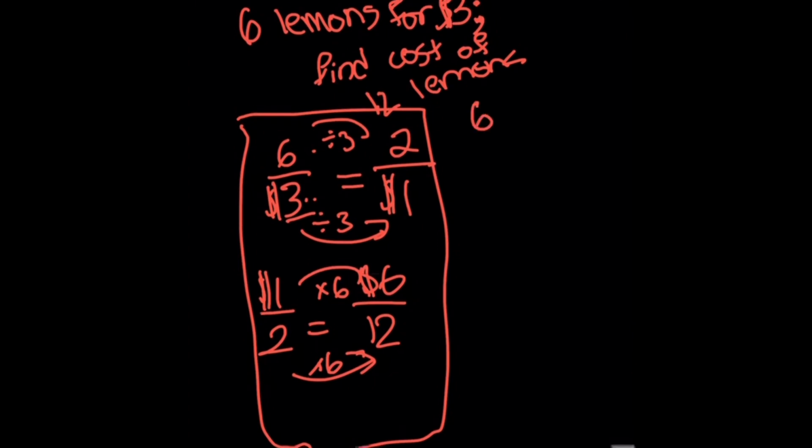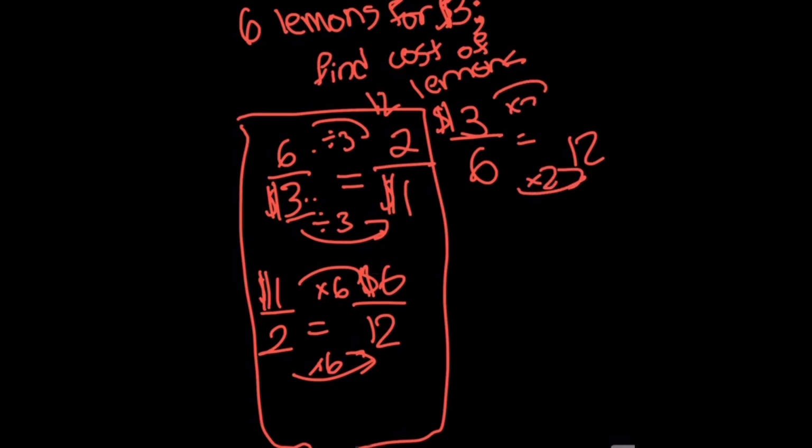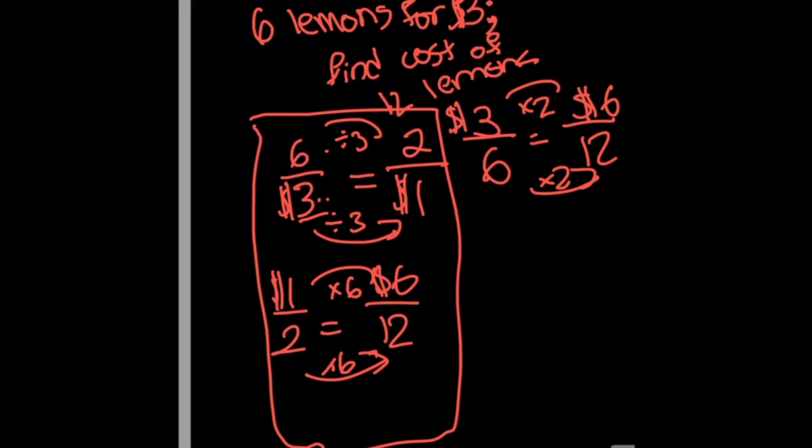That's way much more work. If I had to find 12 lemons, I would normally just do 3 over 6, and to get to 12, this is easier. All I have to do is multiply by 2 right away, and right away I get $6. I didn't even have to do this step over here, because right away this was easier math.